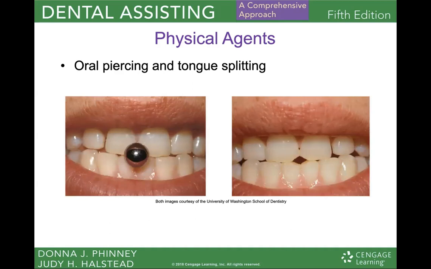Bacteria can be introduced and more difficult to clean, and treatments can be ineffective, such as radiographs. Tongue splitting gives a person's tongue a reptile appearance and can make swallowing more difficult. And as we see here with tongue piercing, a lot of times people like to chew on their bar if they have a tongue piercing, and you get lots of chipping in the teeth, which is what we see on the right-hand picture.